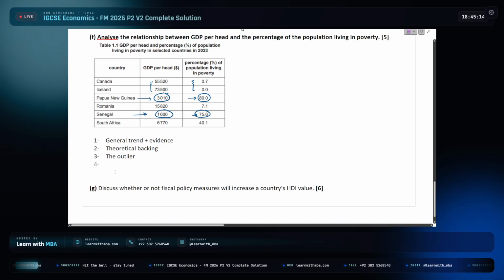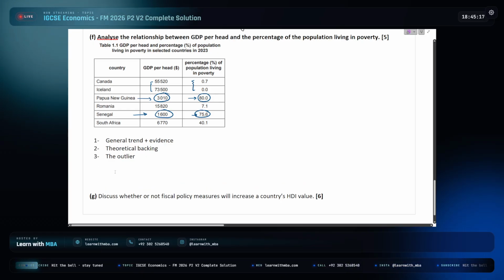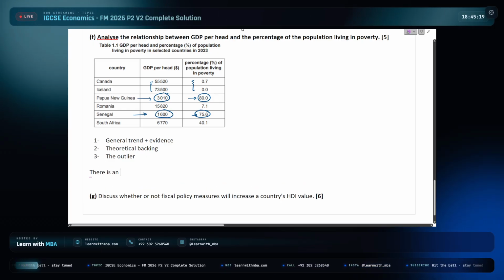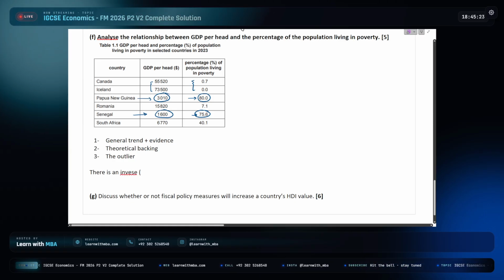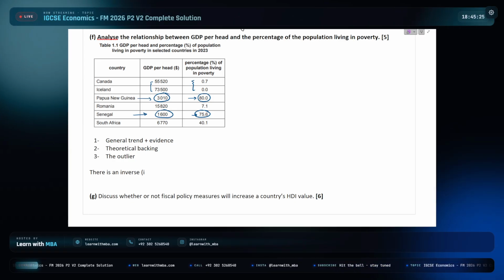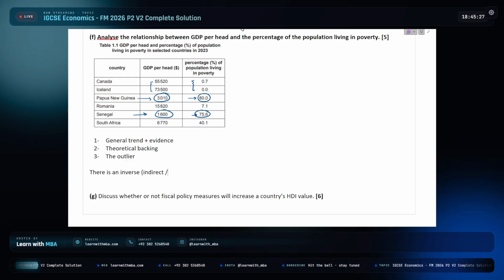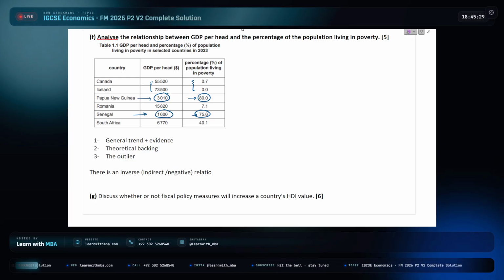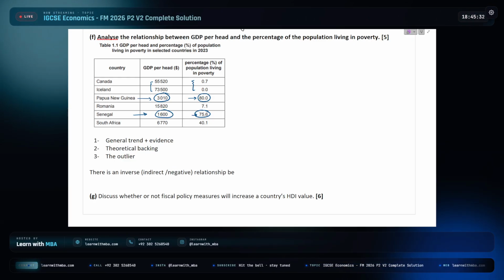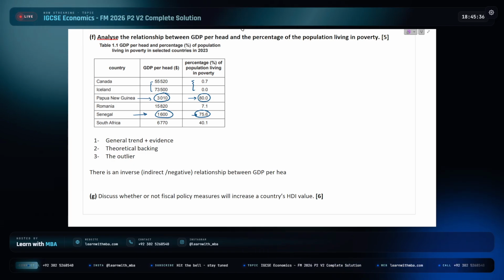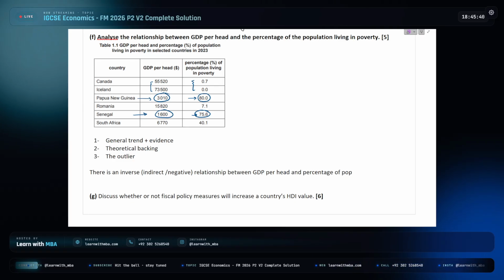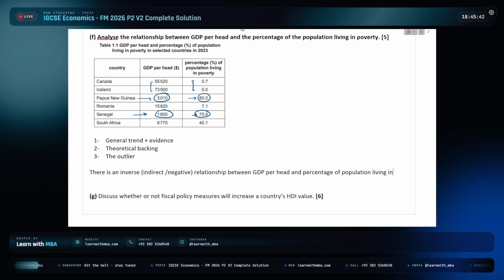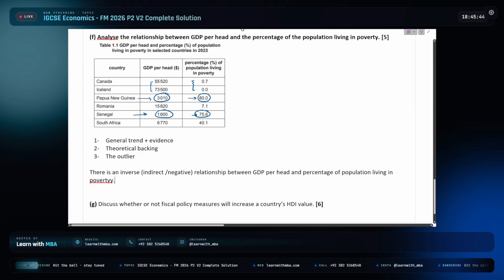So the general trend is that there is an inverse relation, right? So you would say there is an inverse, indirect or negative relationship between GDP per head and percentage of population living in poverty, right?